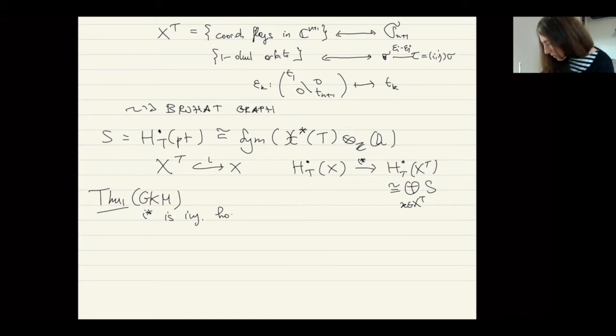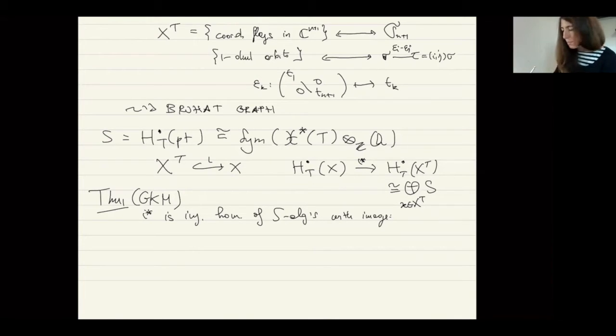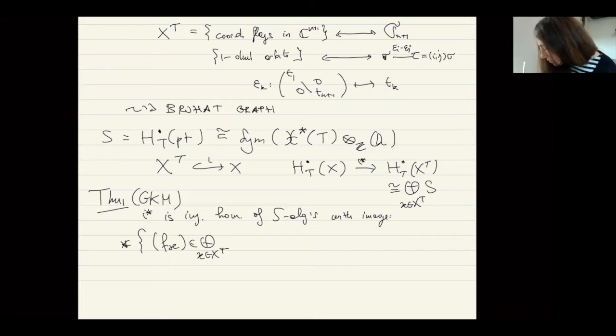More precisely, it is a homomorphism of S algebras. And then the image is the following one. We can describe this explicitly. The image lies inside this direct sum of polynomial rings, so we pick a polynomial for any fixed point.